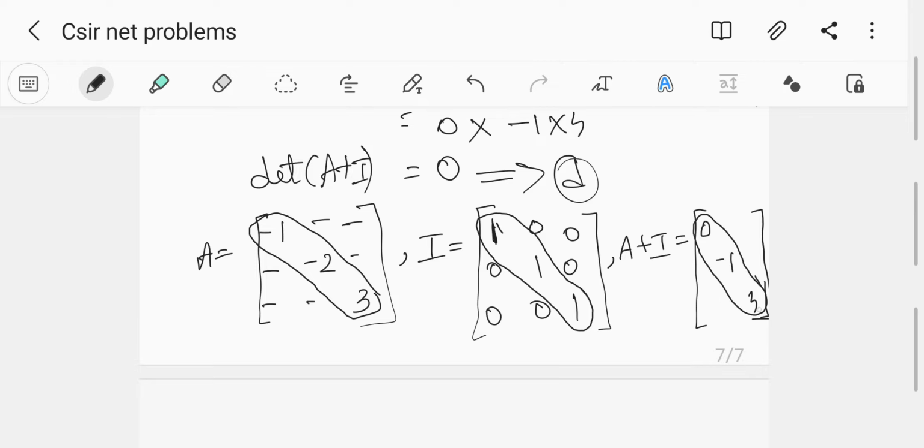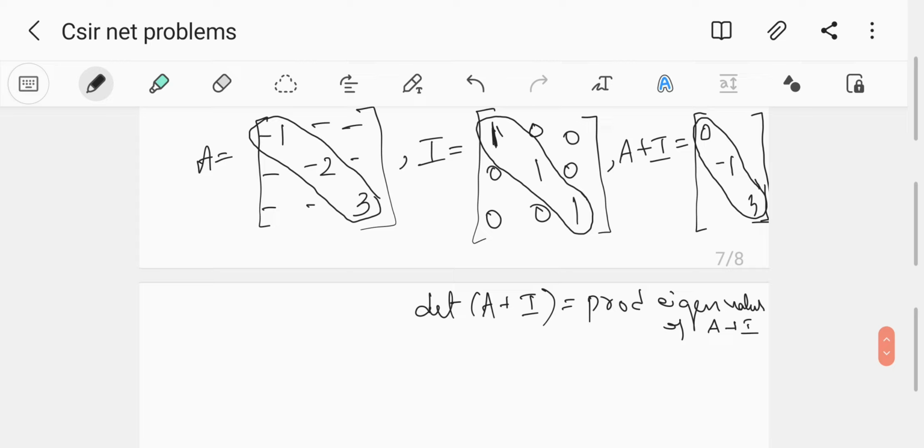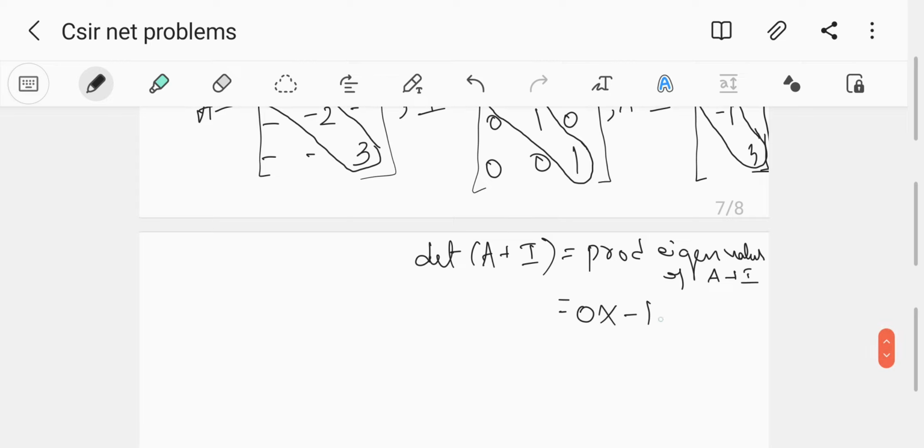They are also real and distinct, so these themselves are the eigenvalues. The determinant of A plus I is the product of the eigenvalues of A plus I, which is 0 into -1 into 4, equal to 0. So determinant of A plus I will be 0.